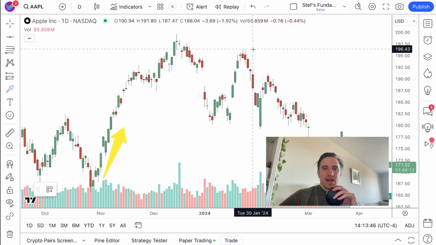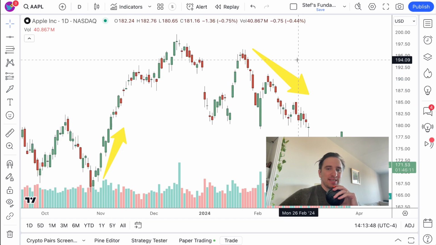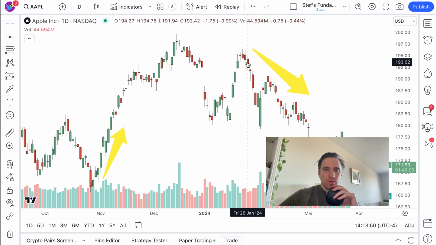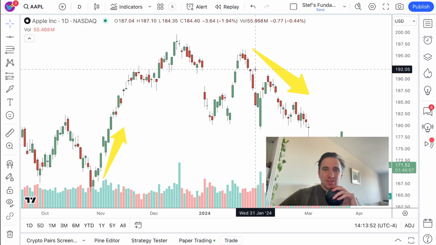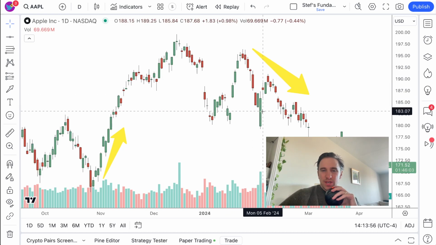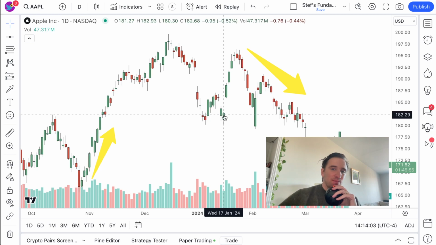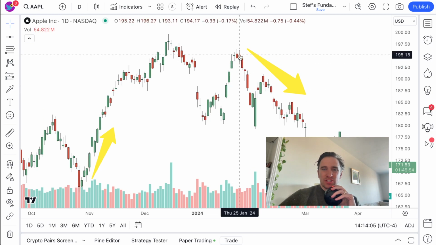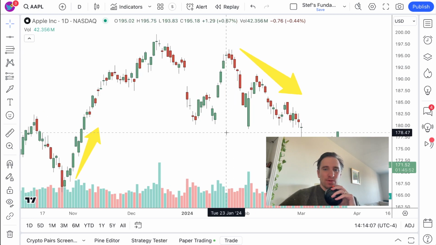Or you can start to count red candlesticks to understand the intense selling. 1, 2, 3, 4, 5, 6. So that's 6 red candles in a row here before you had 2 green candles. So now you're starting to get a ratio. How many red candles to green candles? What kind of trend am I in? And more importantly, by gauging the wicks, you can just see how volatile the specific day was.